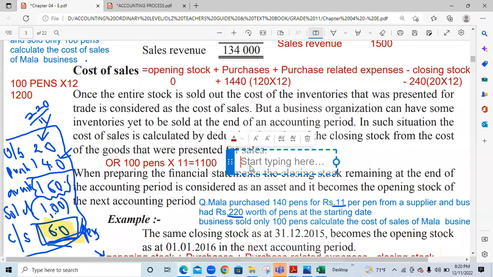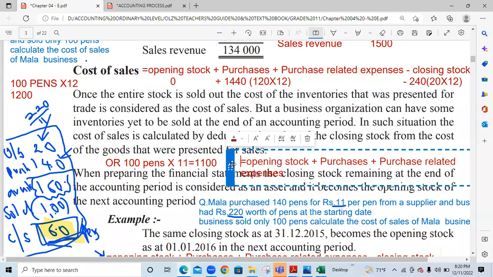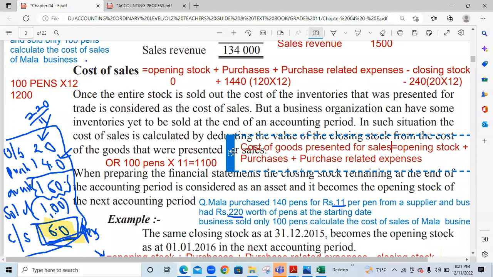Write a new equation. Cost of goods presented for sales. So cost of goods presented for sales is before deducting closing stock.